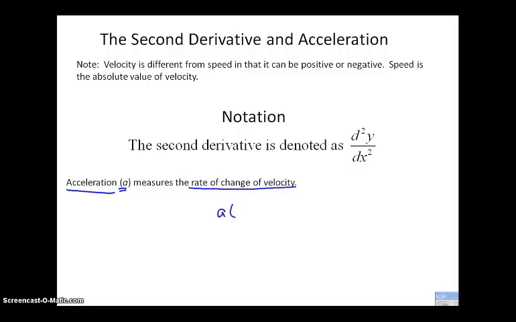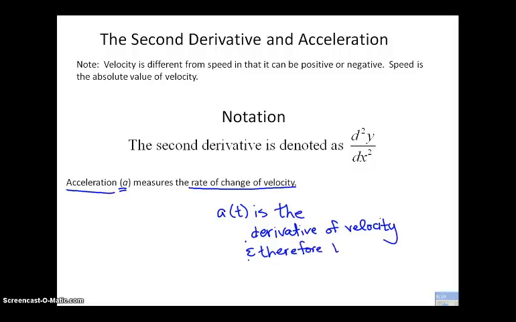So acceleration is the derivative of velocity, and therefore the second derivative of position. So acceleration tells us the rate at which the rate of change of position is happening.